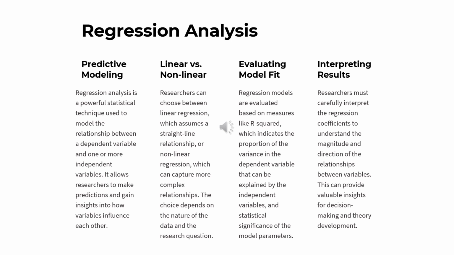Researchers must carefully interpret the regression coefficients to understand the magnitude and the direction of the relationship between the variables. This can provide valuable insights for decision making and theory development, and for moving forward with the research.